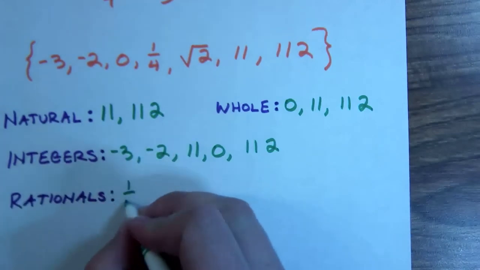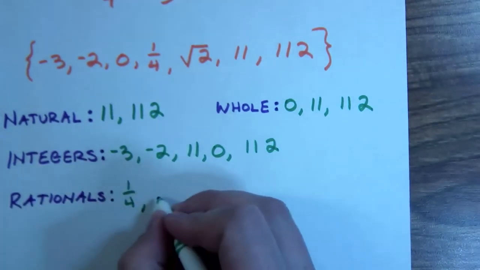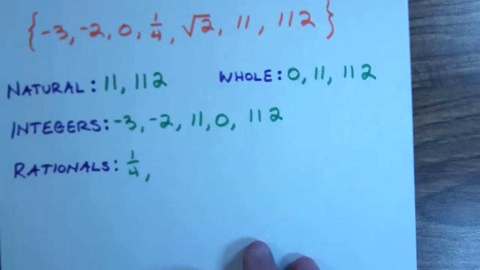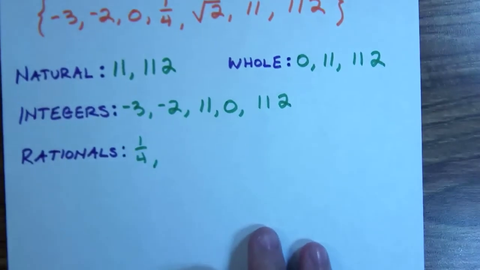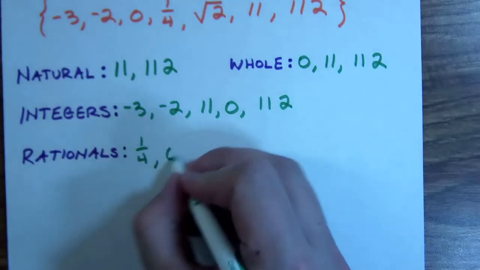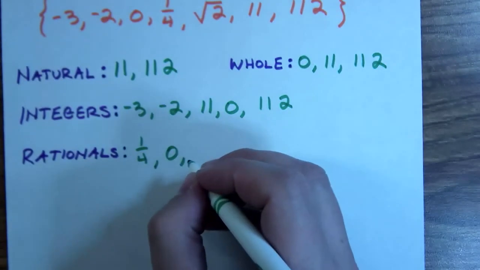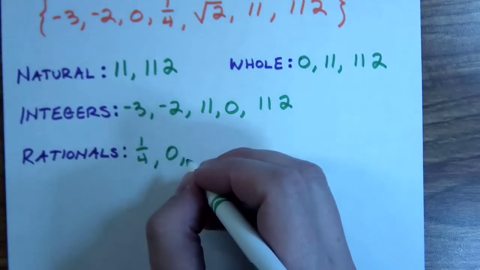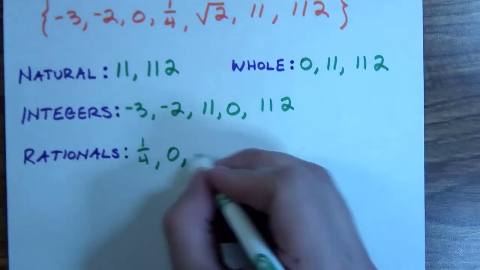1/4. Square root of 2. Wait, I thought square root of 2 was rational. No, it's not. Zero. Oh, 0 is, yep. So everything except square root of 2.